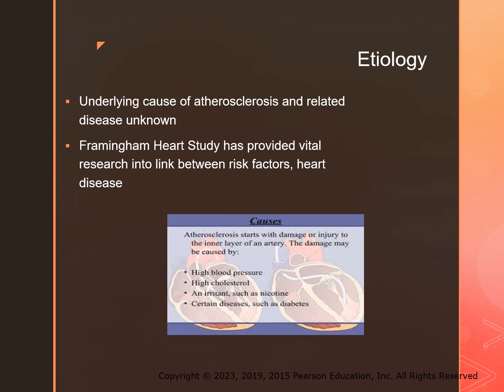So we're going to skip on page 241 coronary syndrome and acute MI. Again, you will get that at a later time. The etiology, the underlying cause of atherosclerosis, CAD, and the resulting conditions are unknown.